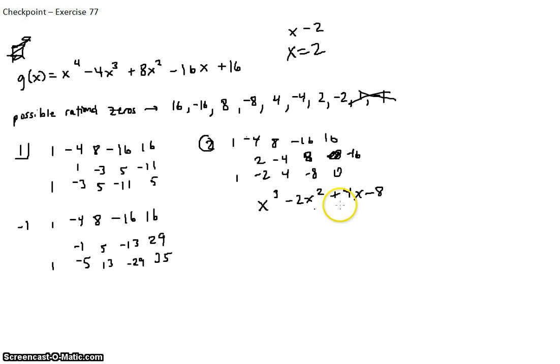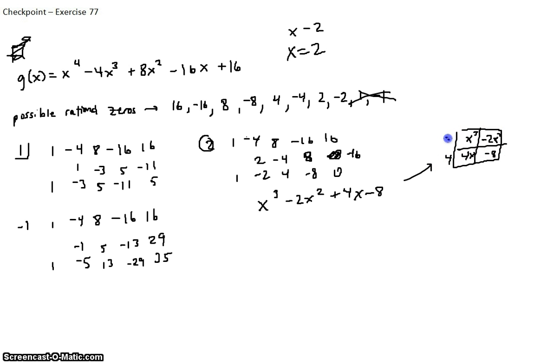Or, if I recall from way back when, I can use a grouping technique, which is possible. If I group x cubed minus 2x squared here, and 4x minus 8, these multiply to the same thing as x cubed and negative 8 do, so therefore it's factorable.